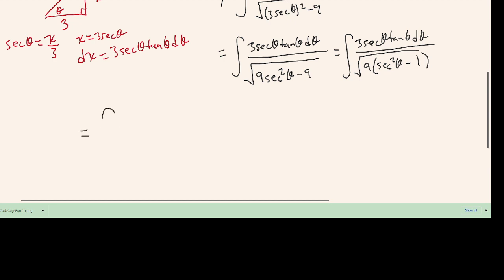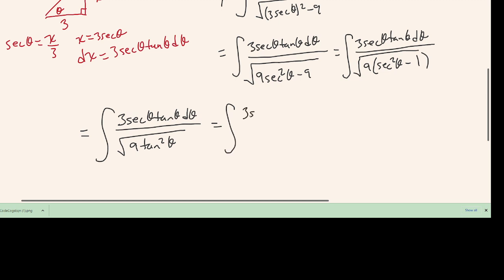So this will result in 3 secant theta tangent theta d theta divided by the square root of 9 tangent squared theta, which will be equal to 3 secant theta tangent theta d theta divided by, taking the square root, 3 tangent theta.